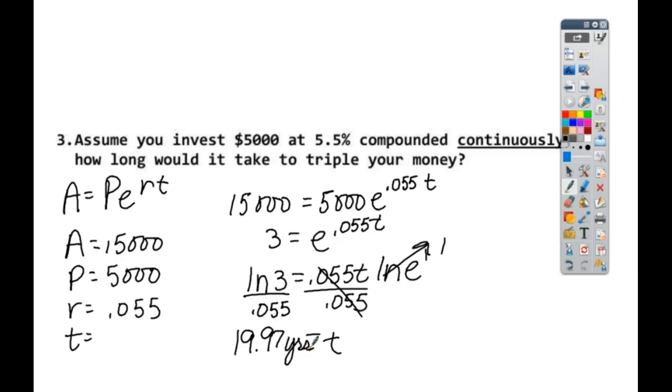Okay, everybody look at 2 on your homework. Let's set that up together. If you invested $1,000 and wanted to have $1,500 in 5 years, what rate of interest would you need to invest if it was compounded semi-annually? So which formula am I using? The one from yesterday.